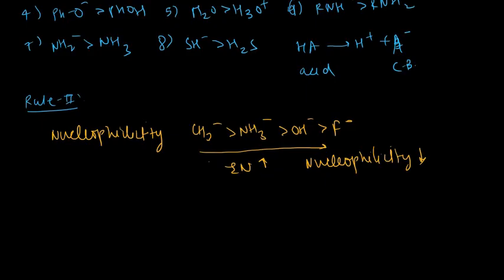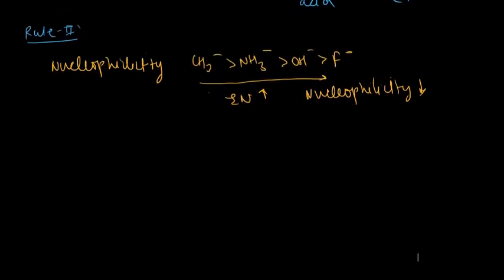So if we compare negatively charged species, the one with lesser electronegativity will have greater nucleophilic tendency. If we compare SH minus and Cl minus, SH minus has less electronegativity, so it has more nucleophilicity.